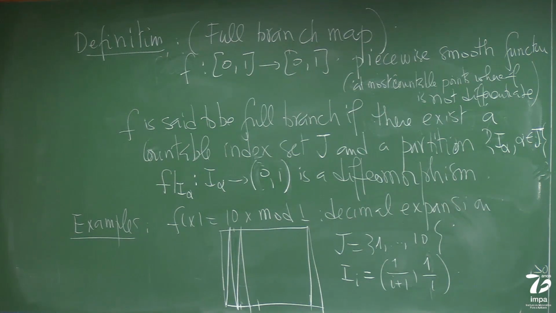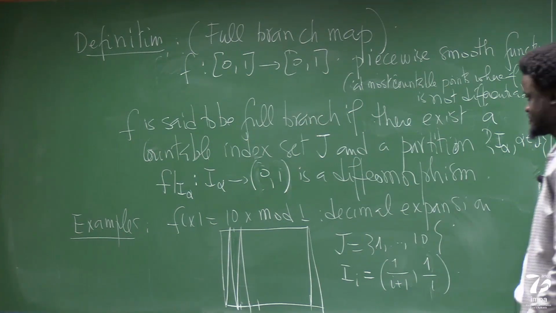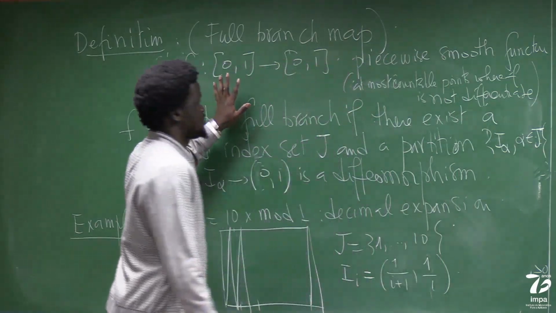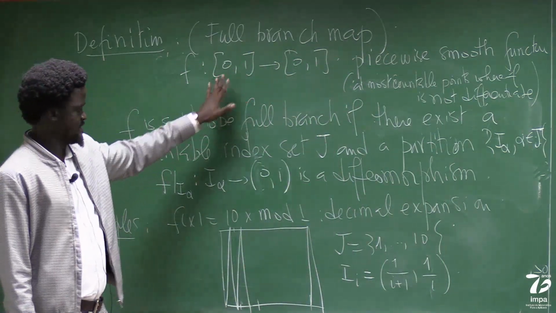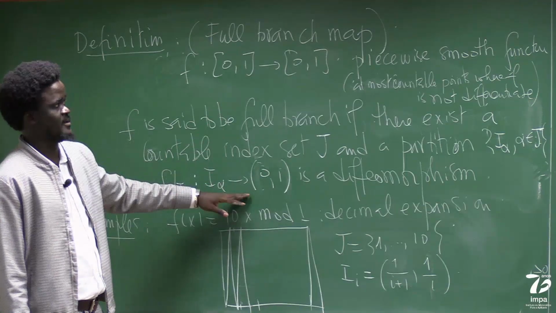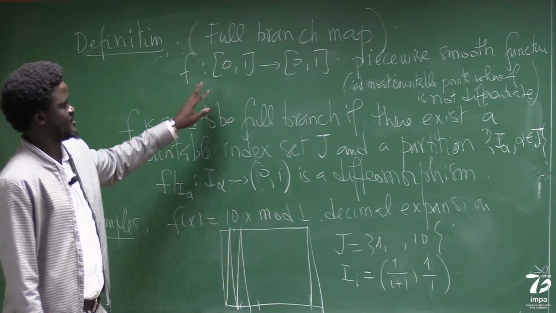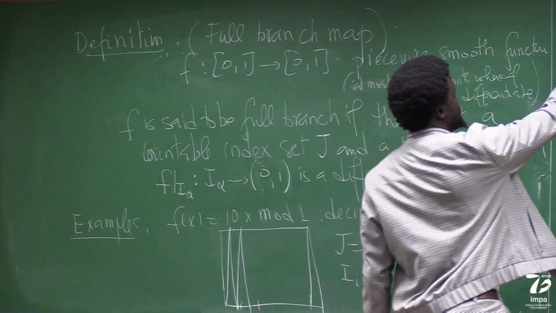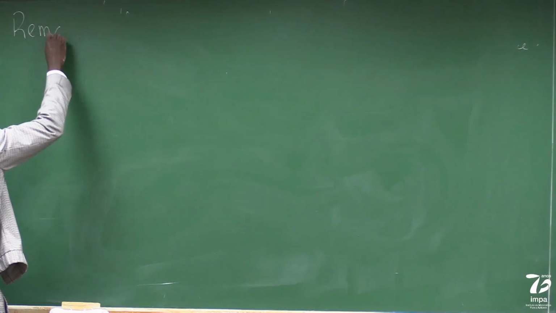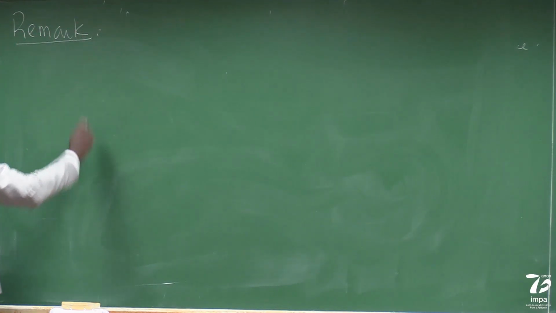There's also the Gauss map, which is the continued fraction. There are many, many examples. And in general, whenever you have a dynamical system on the interval where the derivative is bigger than 1, this is a remark that could be good as a presentation.